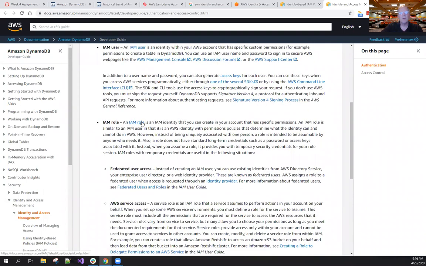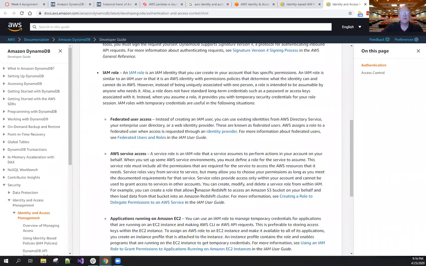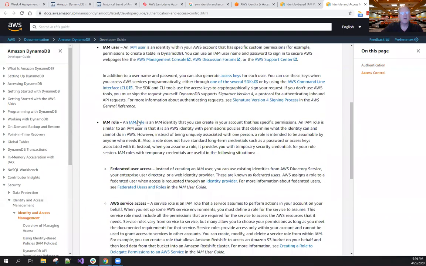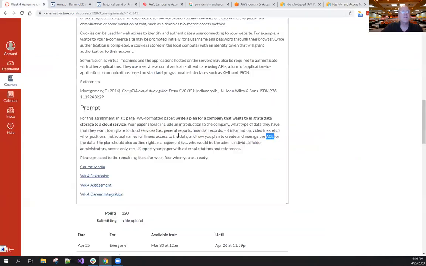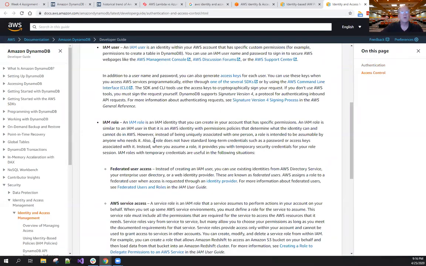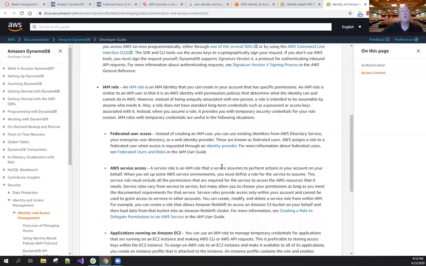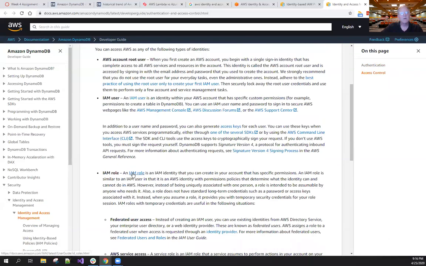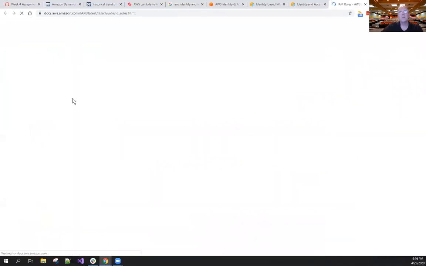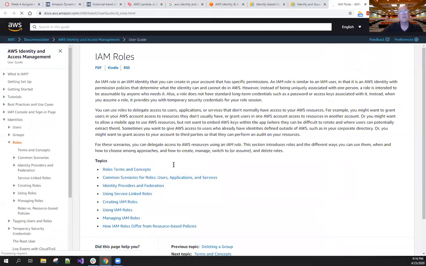So these roles are really interesting because you can create a role, and this correlates directly to this conversation right here, rights management. Okay, so you got this role here, and you define the role, and you associate all sorts of privileges with that particular role, and then you assign roles to people.